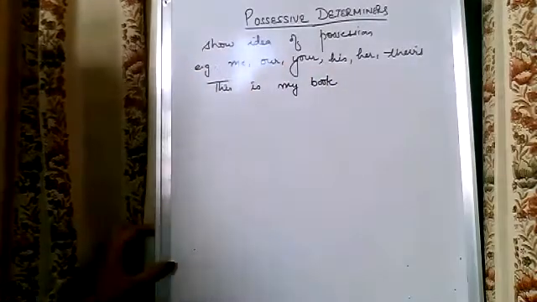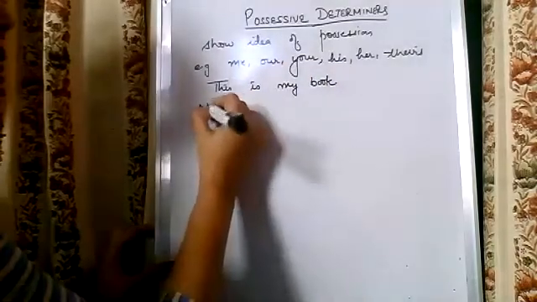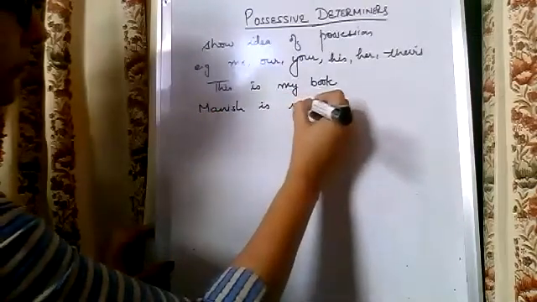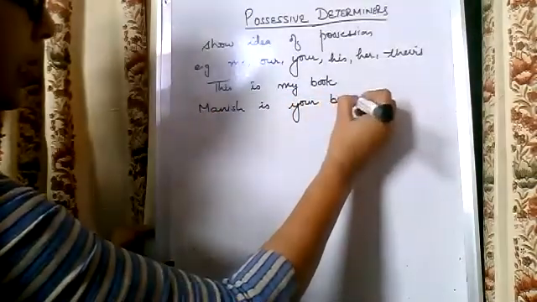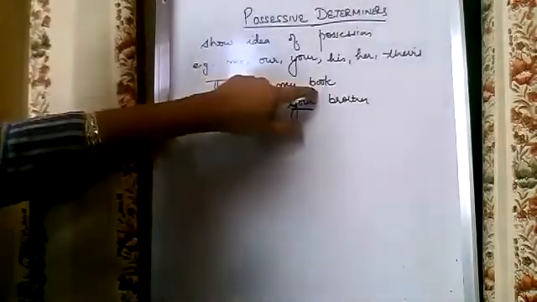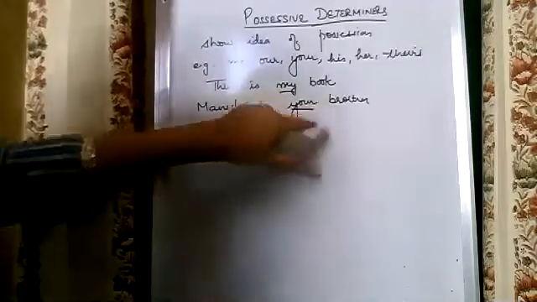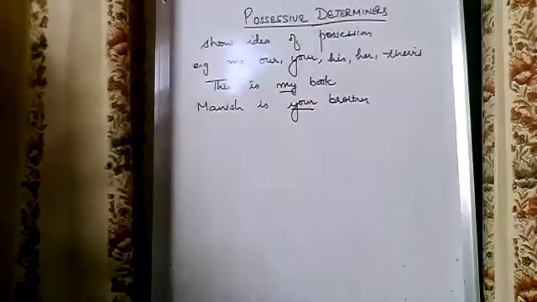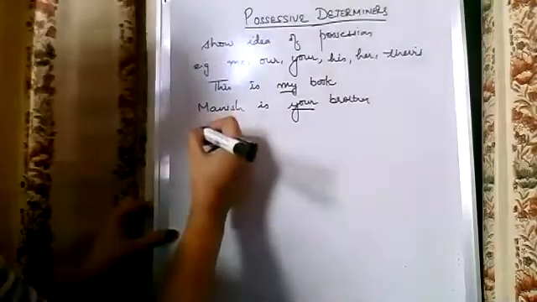Ram is your brother, or Manish is your brother. Now here my and your represent that the book belongs to me. Your means whose brother is this? It is your brother.